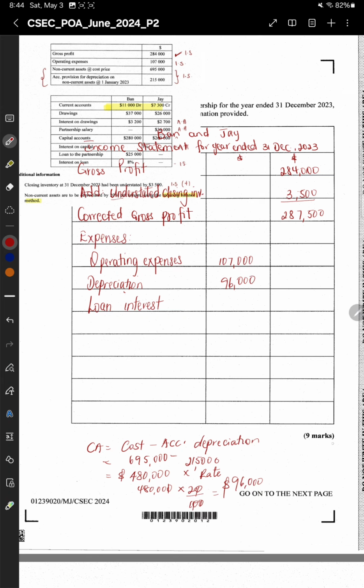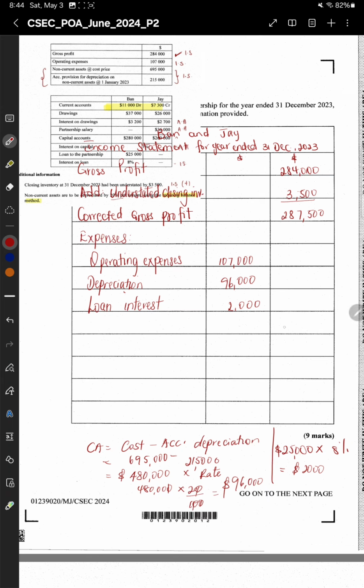And the loan interest, we have here 25,000 was given, and the rate is 8%. This will give you a sum of 2,000, I think. Let me calculate. Yeah, $2,000. So let's add up that. We have 107,000 plus 96 plus 2.